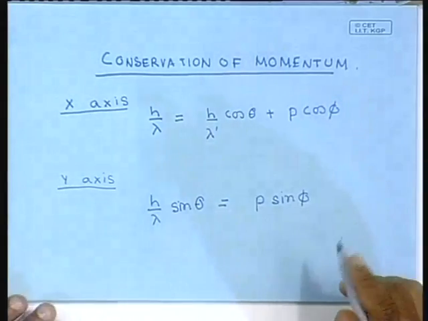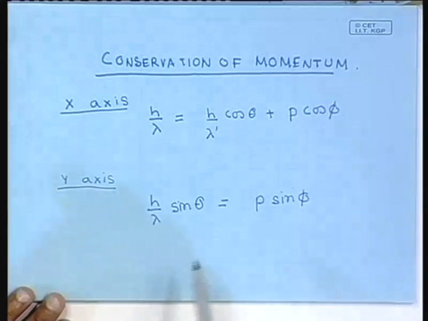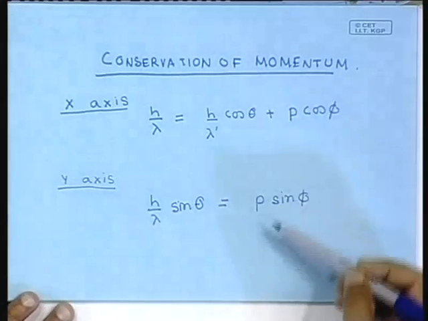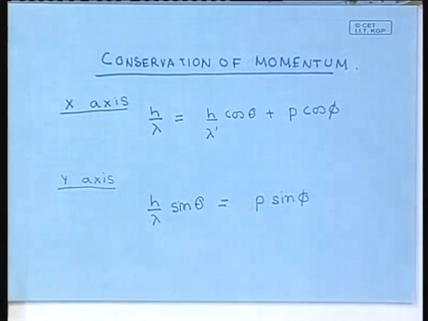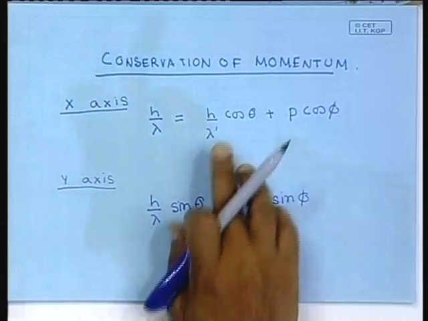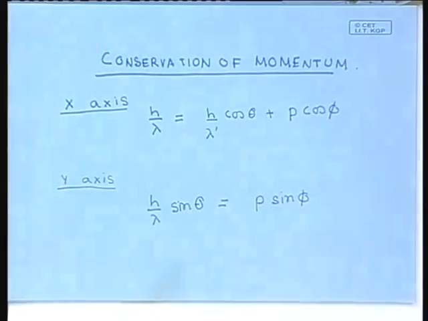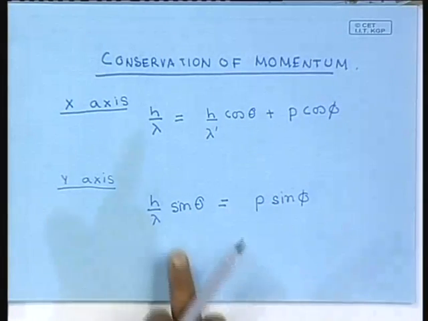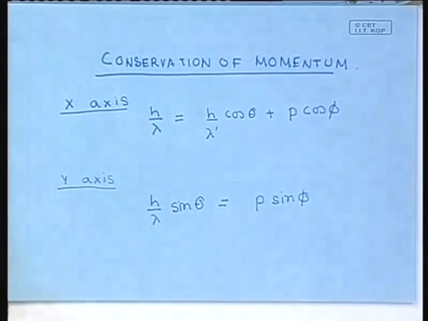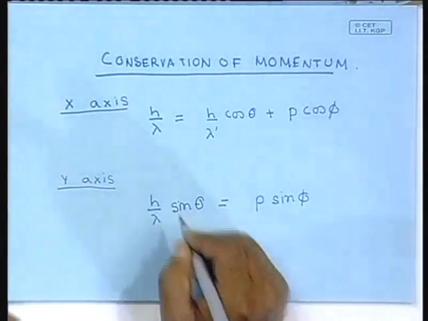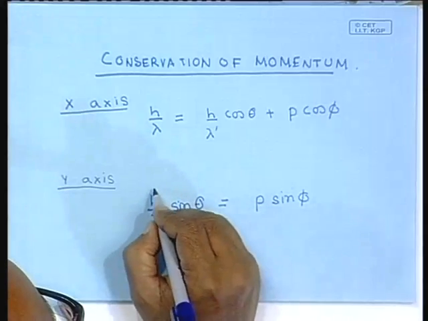Now, we have to do a little bit of simplification over here. So, let me take this onto the left hand side and square it. I will also square this expression. If I square this expression, what I will get is h square.